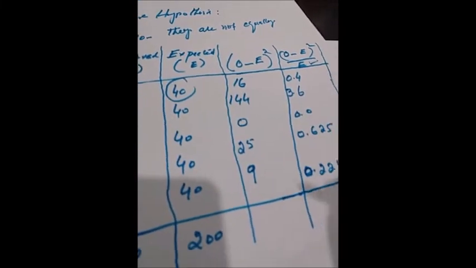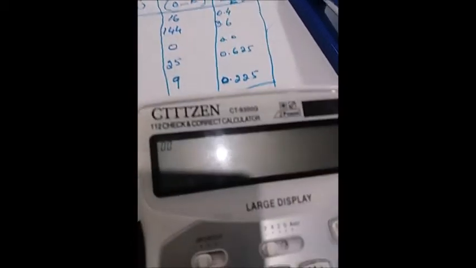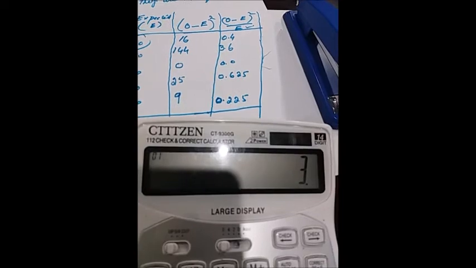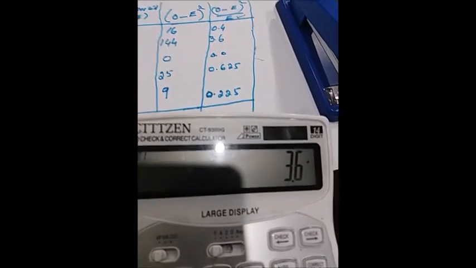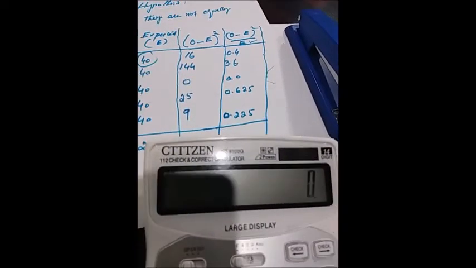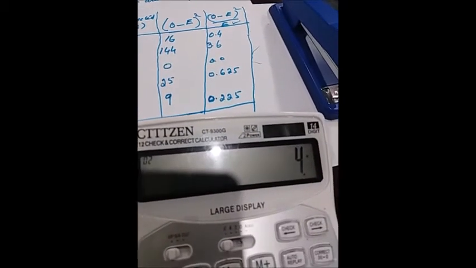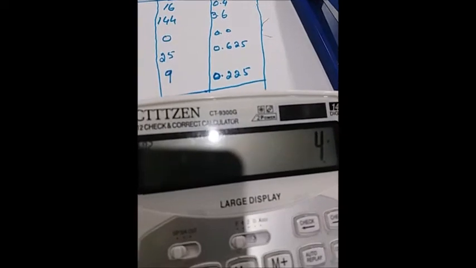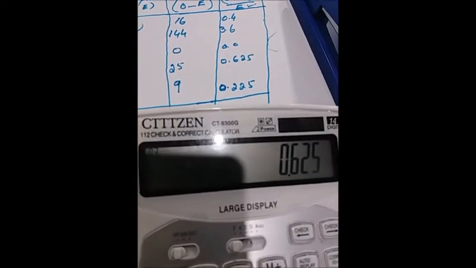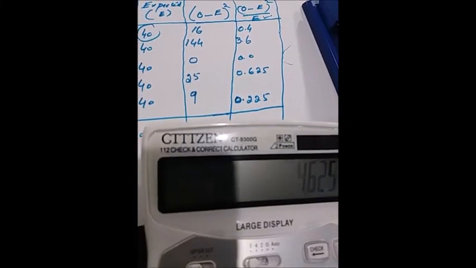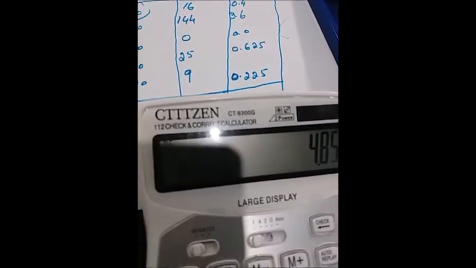So the sum of O minus E whole square divided by E, the observed values minus expected values whole square divided by expected values for each category, is 0.4 plus 3.6 plus 0 plus 0.625 plus 0.225, which gives 4.85.